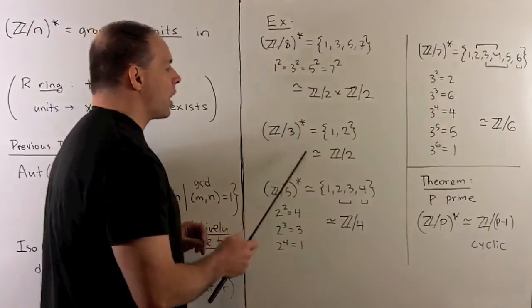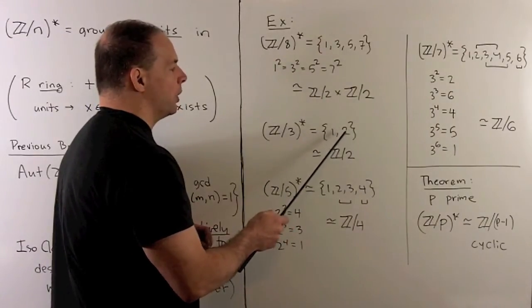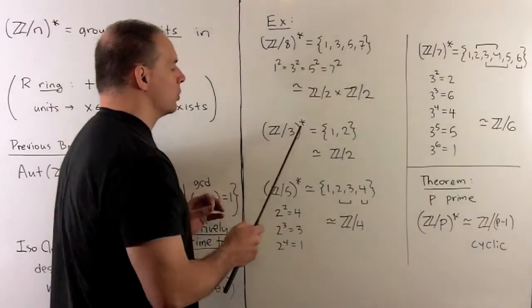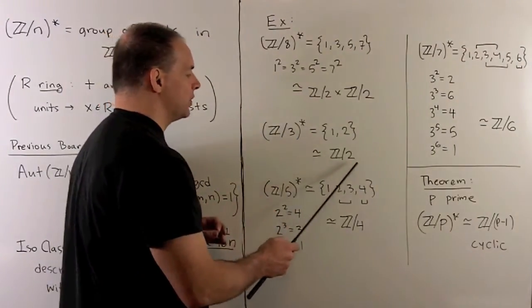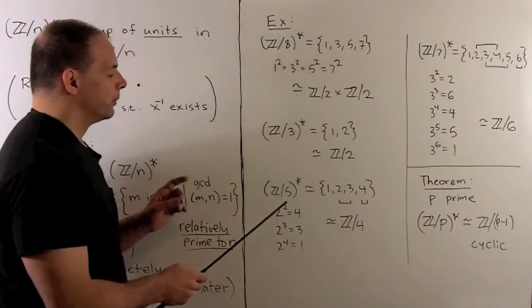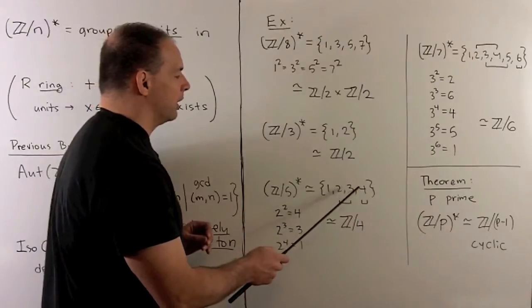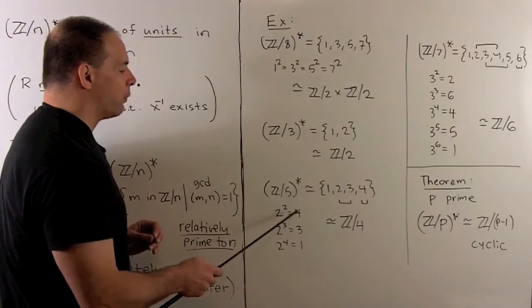For Z mod 3 star, we have only 2 elements, 1 and 2. If I take 2 and square it, we get 4, which goes to 1. So it's its own inverse also. So Z mod 2. For Z mod 5 star, okay, we have 1, 2, 3, 4. If I take 2, I square it, I get a 4.